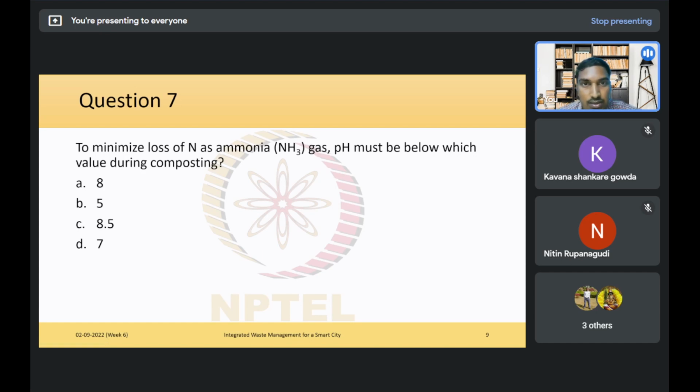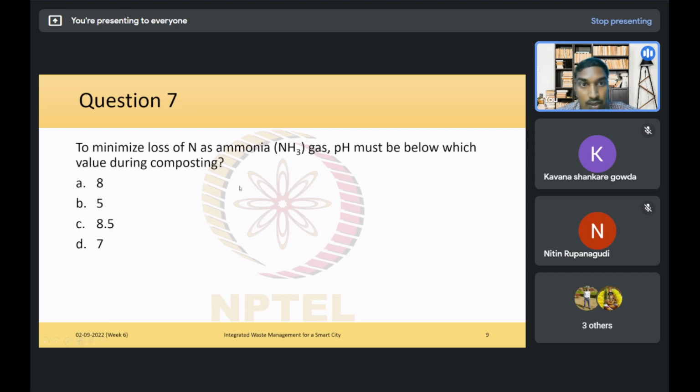At different stages of the composting process, the pH level will be different. We start at some value, and when the composting begins, there will be some acid generation, and that will lower the pH value. And then in the later stages, the pH value will again rise, beyond the neutral, and it becomes more basic.